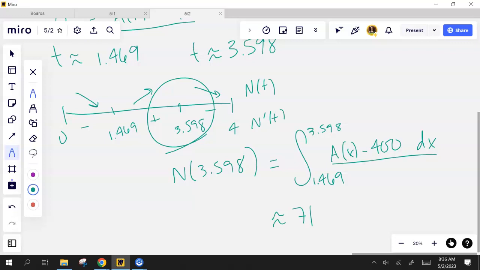You're good. I think about it too, like if this is decreasing, right? So there's less and less cars arriving.